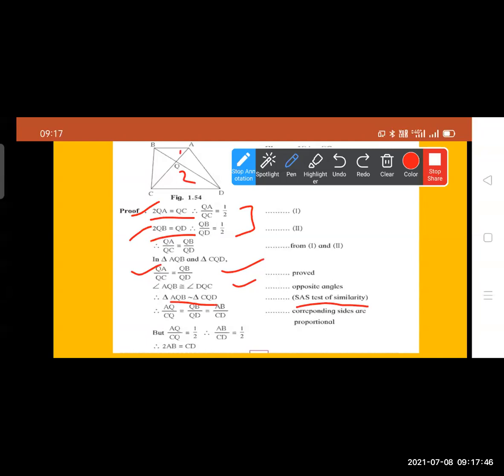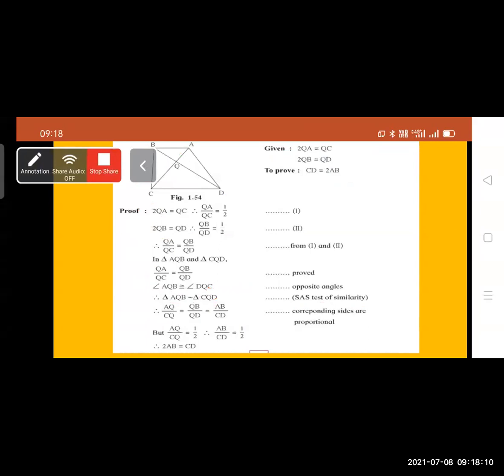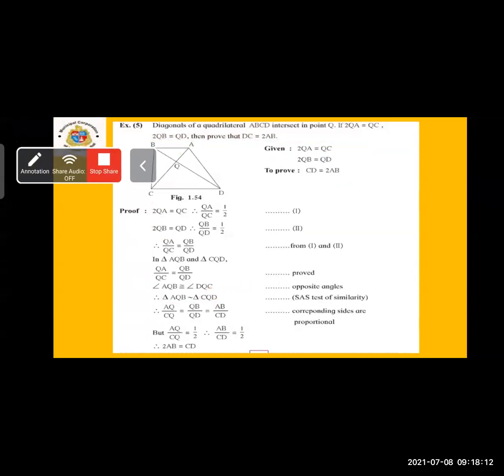Then we take their corresponding sides ratio, that is AQ by CQ, QB by QD, AB by CD. Their sides are in proportion, two sides are equal to 1 by 2, then automatically the third side is also equal to that. So cross multiply it, so we get twice of AB is equal to CD, hence proved. Okay, so in this way we solve all the questions from your practice set, from your solved examples.